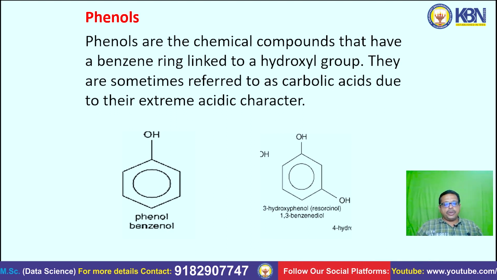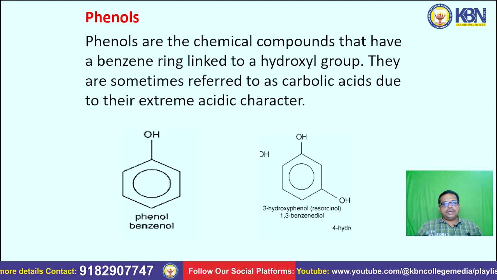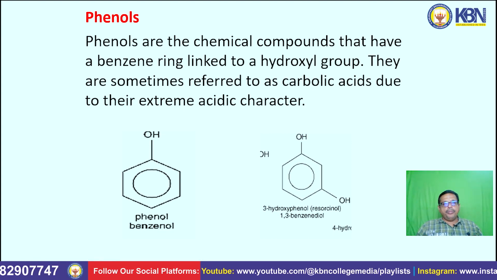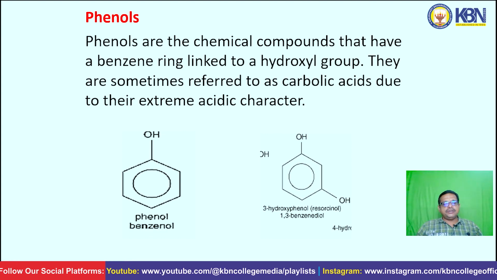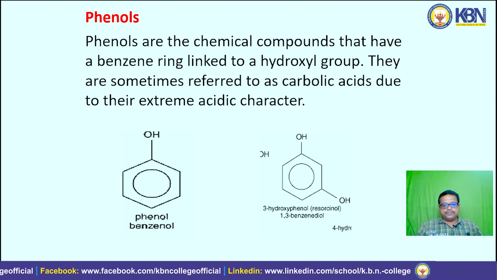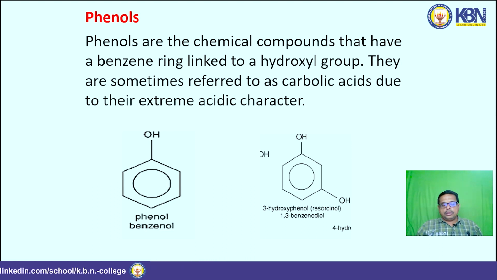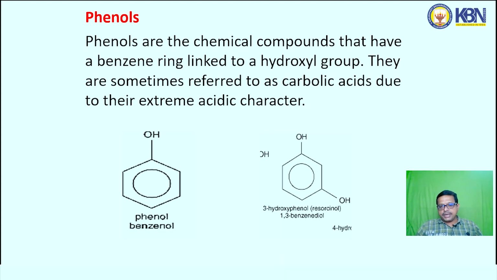So here the OH group is linked to benzene. It is phenol, also called benzenol. The second one is where the benzene ring has two OH groups on the first carbon and the third carbon. 3-hydroxyphenol is also called resorcinol or 1,3-benzene-diol.